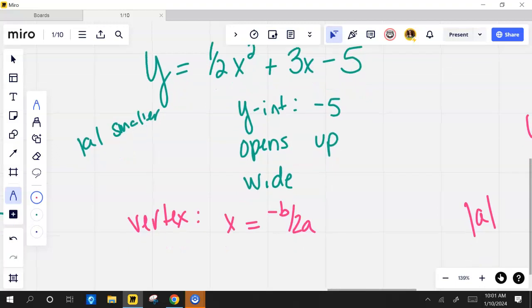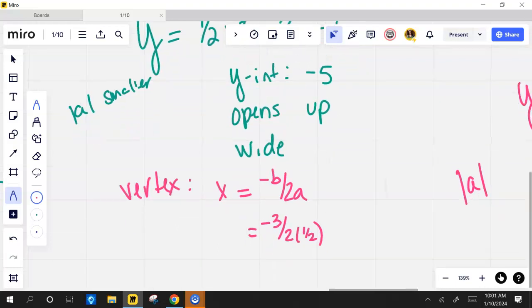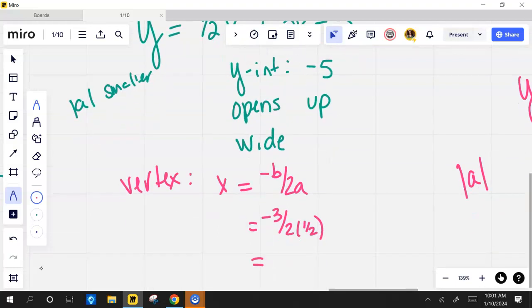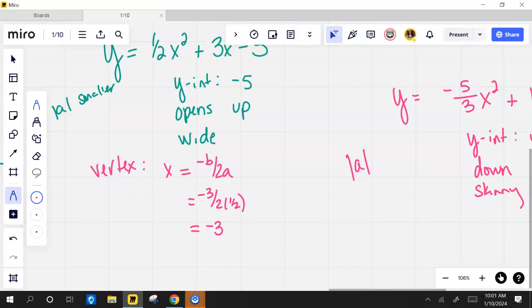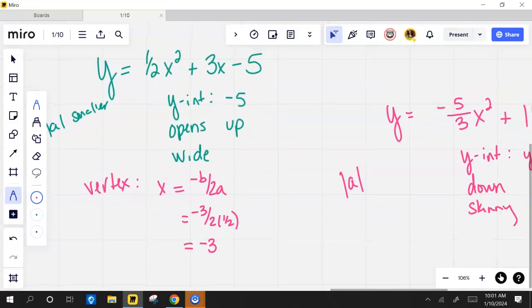All right, so I've got here, my x is going to be negative 3 over 2, what is a? 1/2. So it would become 1 in the denominator. So the x part of the vertex, as well as the axis of symmetry, is negative 3. That's only half the problem, though, right?